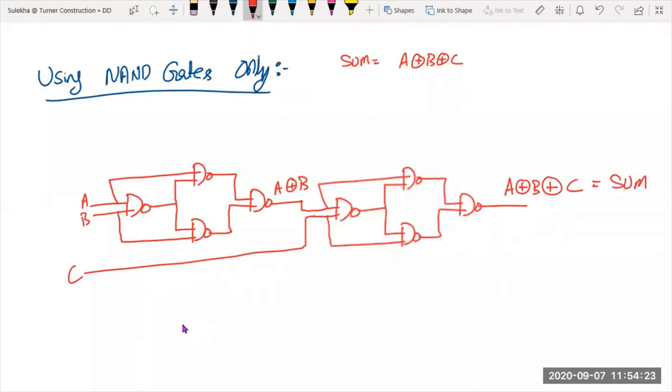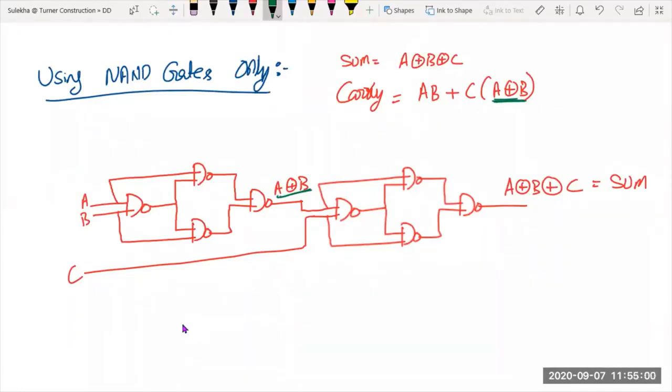Now you need to analyze or add some NAND gates so that you can implement the carry part also. And your carry part is AB plus C, A plus B. Okay, because I already have A plus B at this point. So I need not bother about this thing.